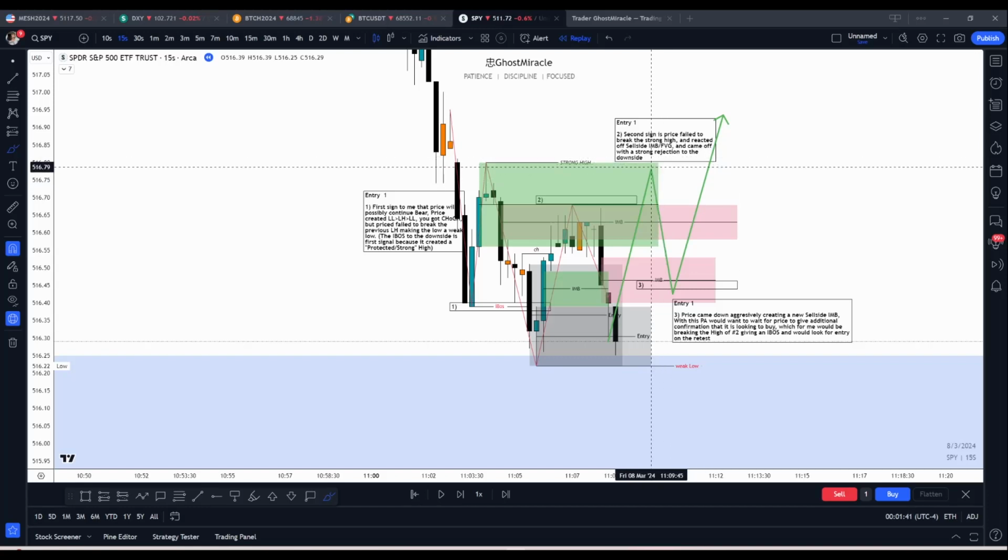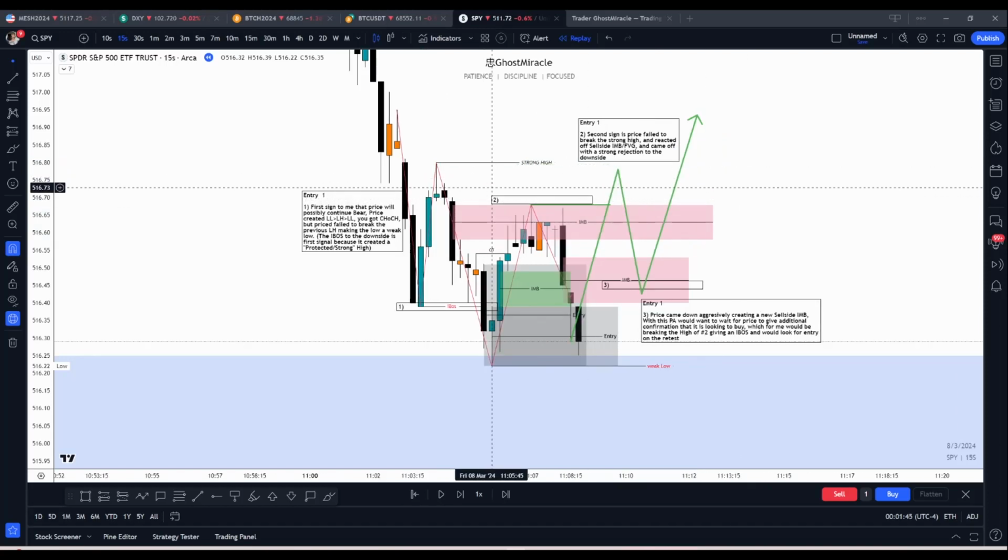Unless price broke this high, or like I said in number 3, if price came back, and I would wait with this aggressive momentum to the downside.